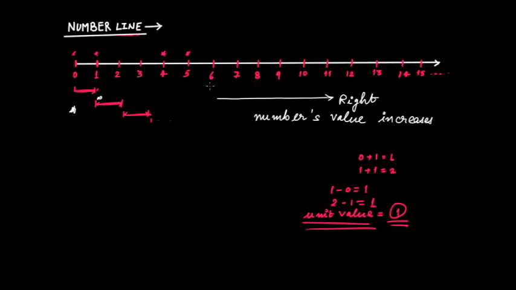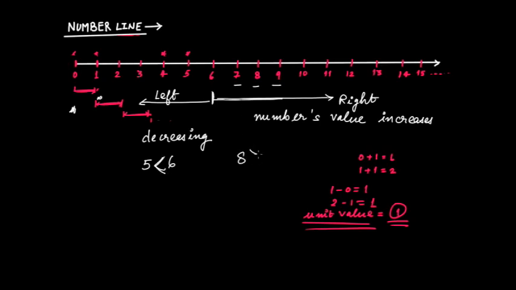Take an example for 6. If you start from 6 and start moving towards the right, then comes 7, then comes 8, then comes 9. Therefore, the number is increasing. But if you move towards the left, then the number is actually decreasing. Okay, the value is decreasing, because 5 would be less than 6, but 8 would be greater than 6.